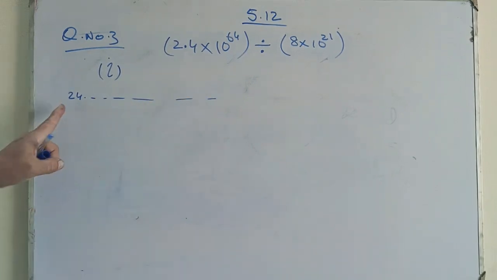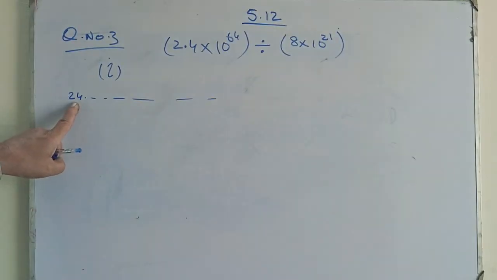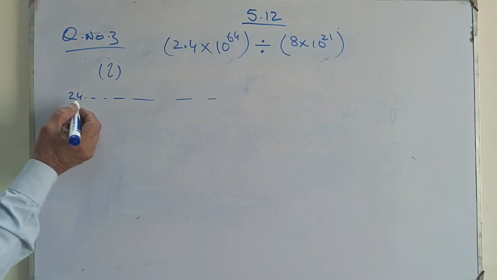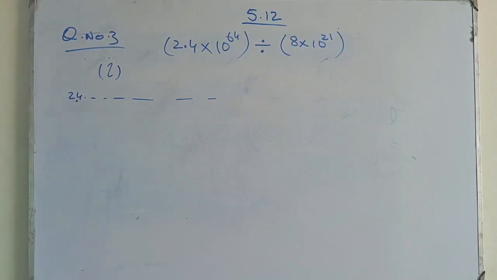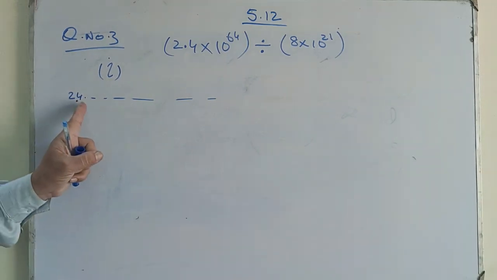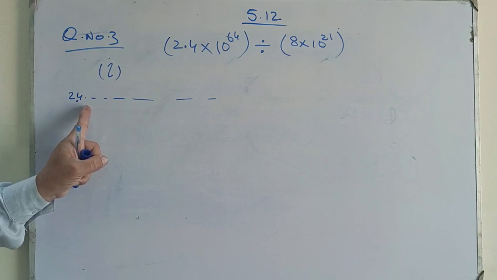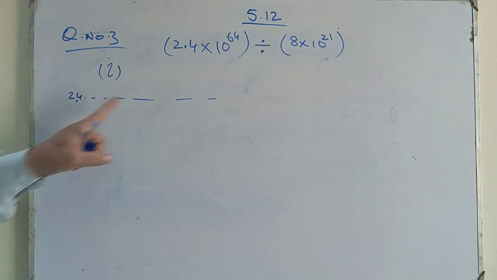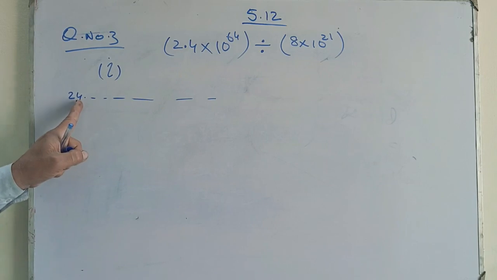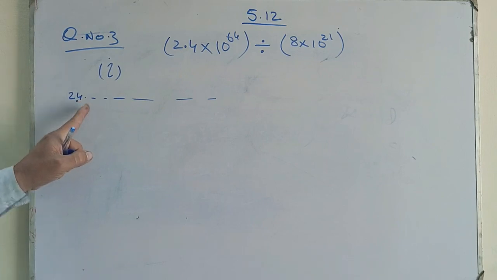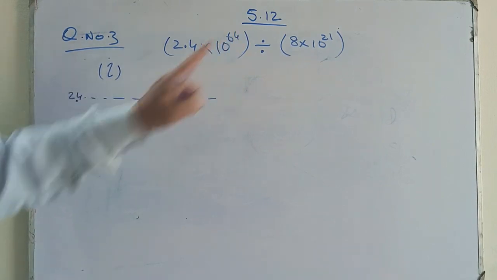So when we count by placing a point over here, one digit came from here. So 63 zeros and one digit here makes 64.